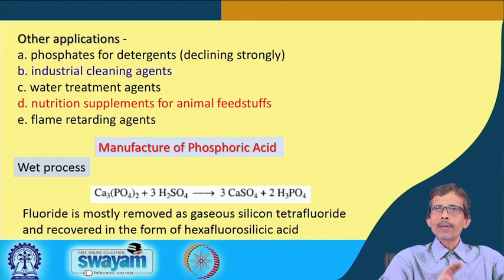Then we are making life a little bit complicated with respect to the rock or mineral sample. We are now saying that if we have fluoride, as we all know apatite is the material for our teeth and bone.